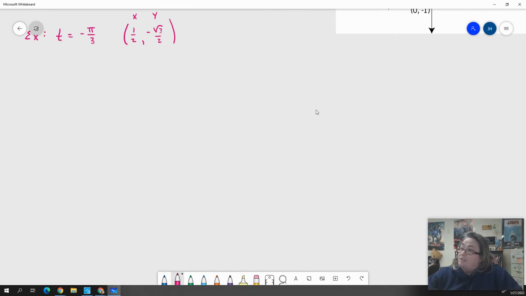So we can start with sine, right? Sine of negative pi over 3 equals our y value, which equals negative radical 3 over 2.